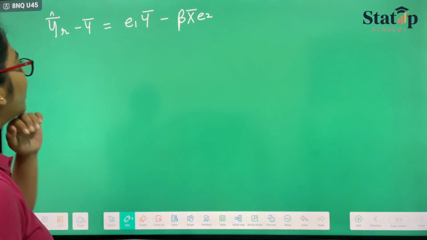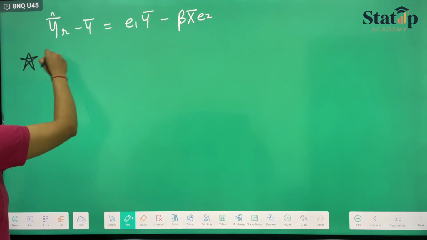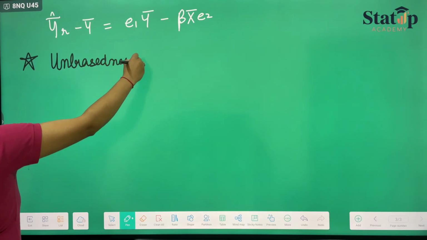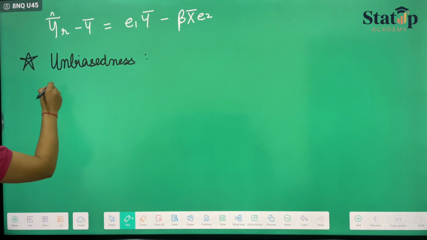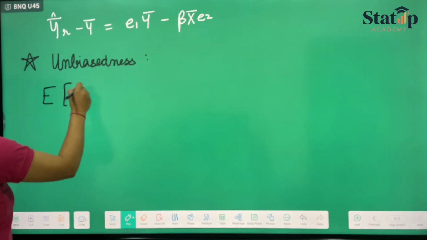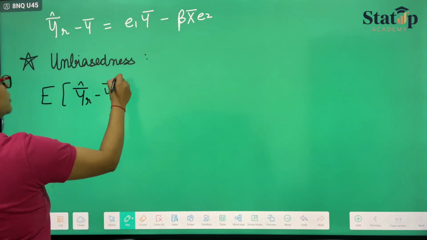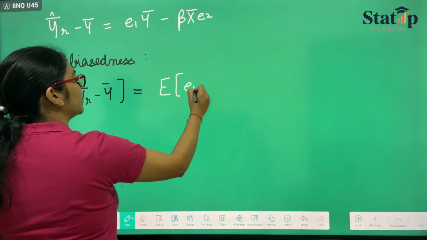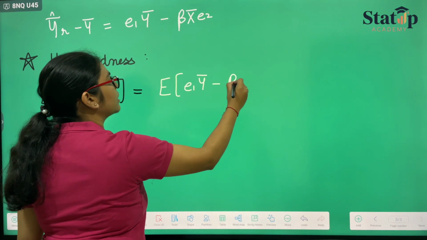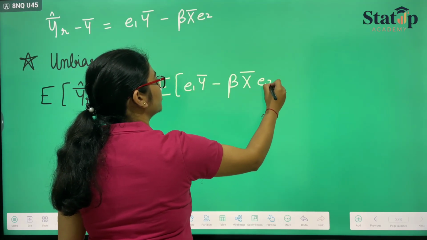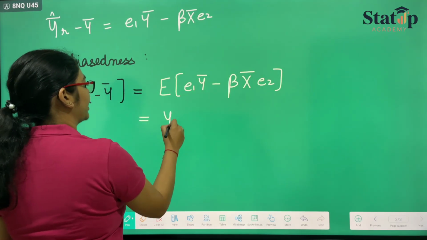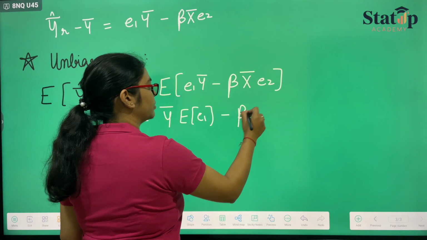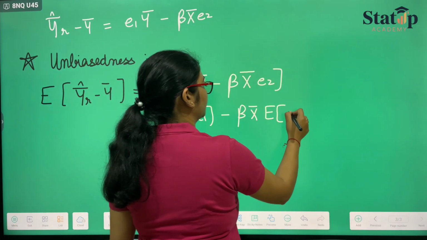So now we will first check for unbiasedness for this. Unbiasedness would be expectation of regression estimator minus y bar is equal to expectation of e1 y bar minus beta X bar e2. This will be nothing but y bar into expectation of e1 minus beta X bar into expectation of e2.